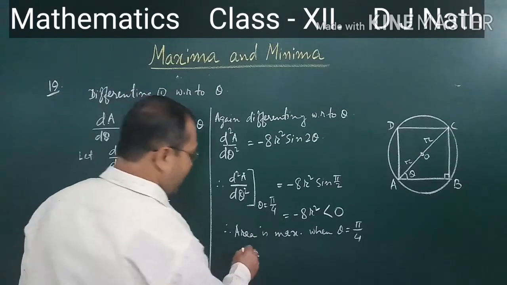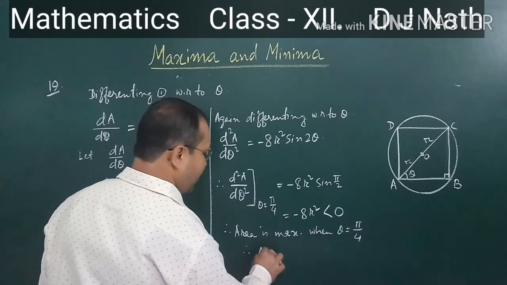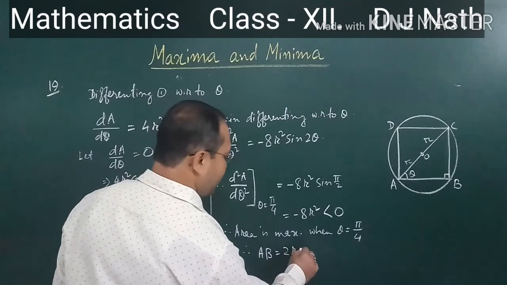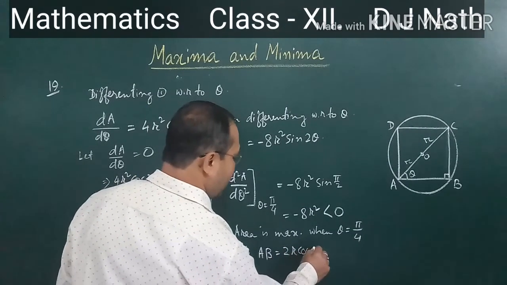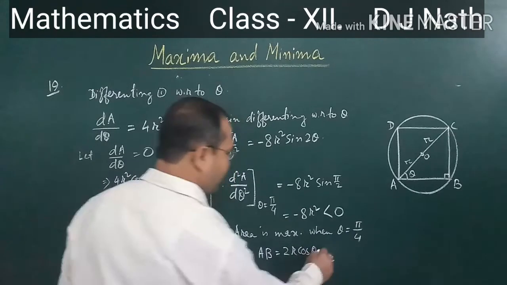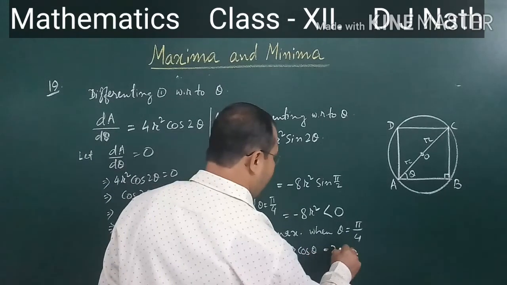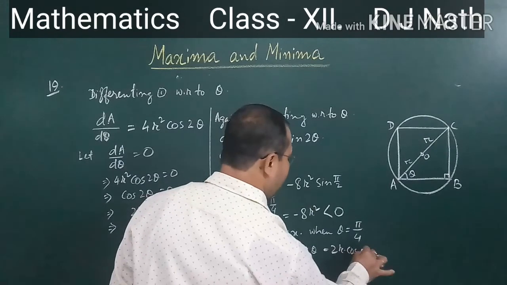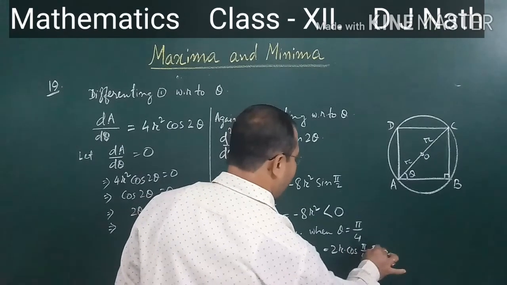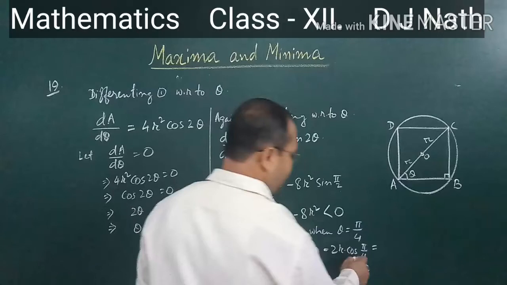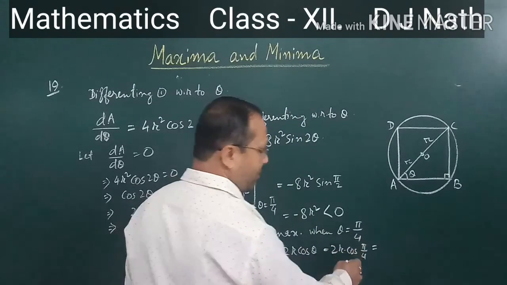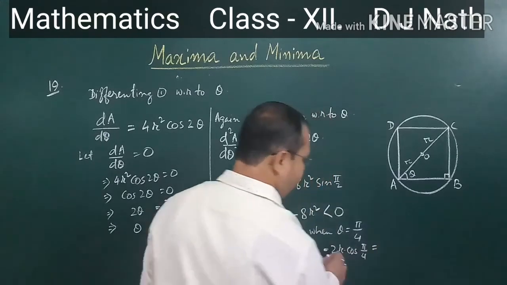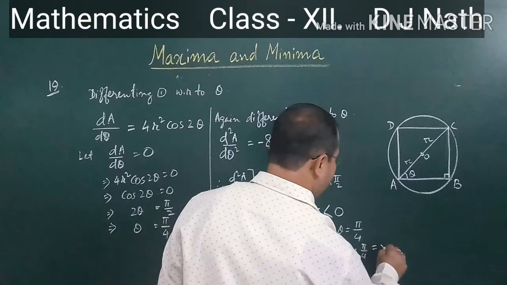So AB is equal to 2r cos theta, which is 2r into cos pi by 4. Cos pi by 4 is 1 by root 2, so it is root 2r.